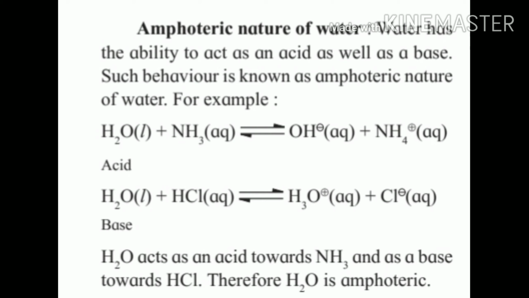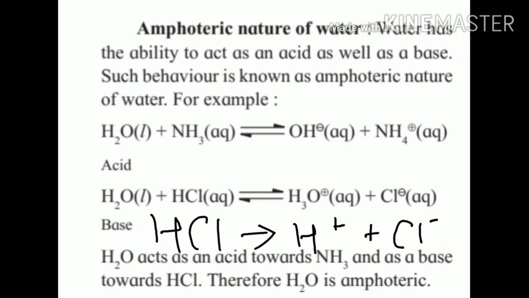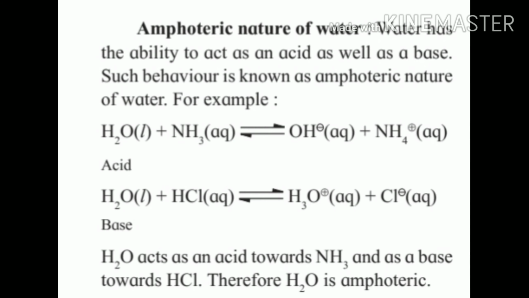In the second equation, you are taking H2O as the base and you are using HCl as the acid. So here if HCl is the acid, then it is going to donate the proton, that is H plus. So it will be left with what? Cl minus, and this H will move to H2O, giving you the formation of the hydronium ion, that is H3O plus.